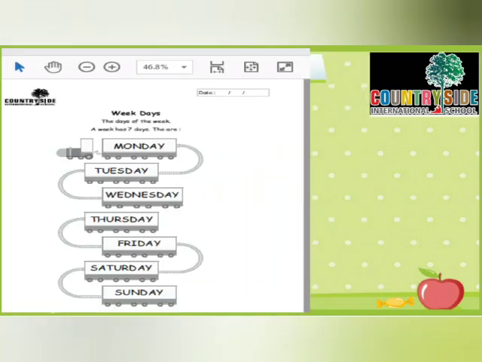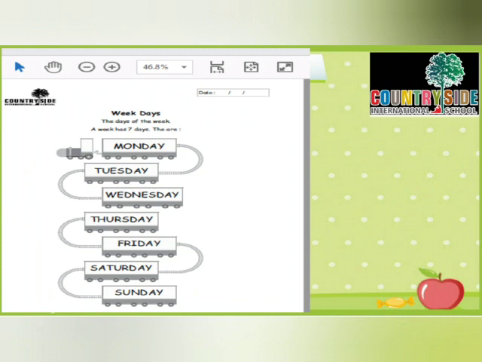Now next is days of the week. Here we have to do the recap of days of the week orally. You have to learn all the days of the week, correct? And you have to learn the spellings also, and the question answers related to it. Like which is the first day of the week?